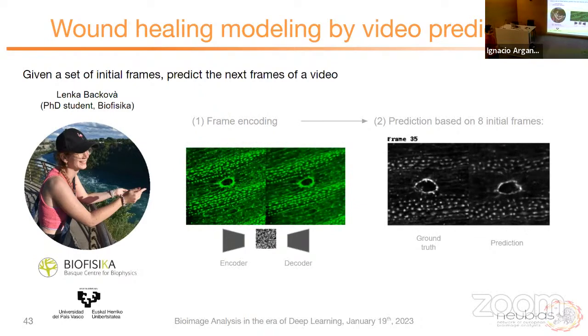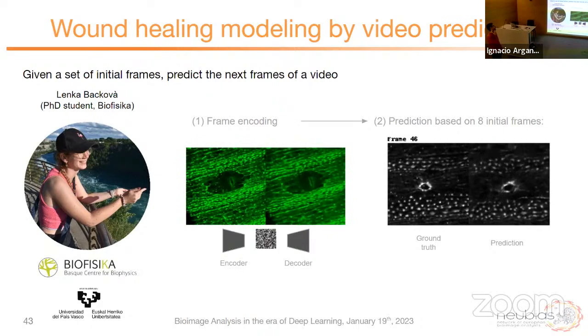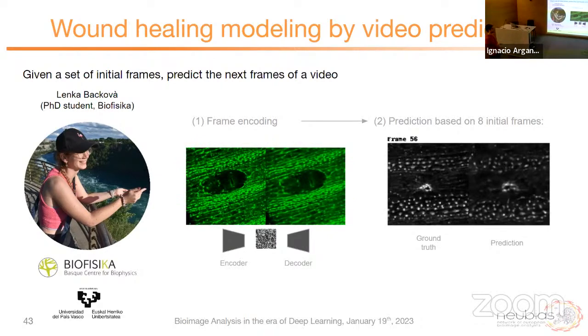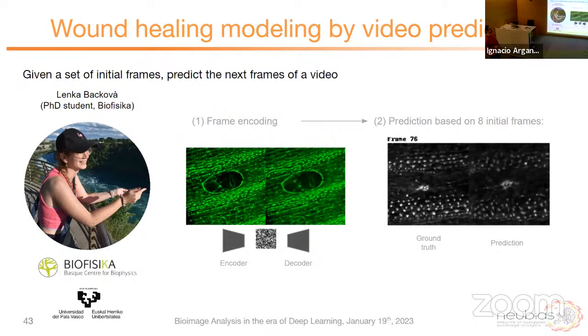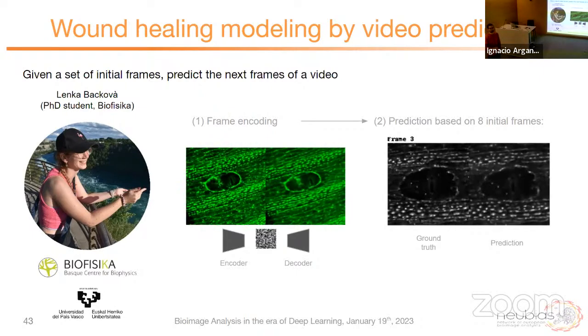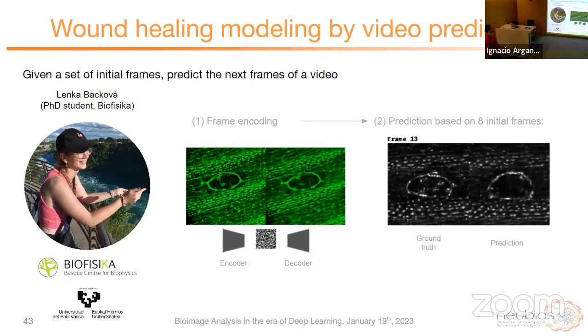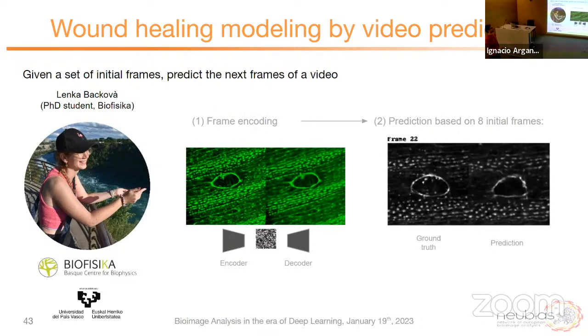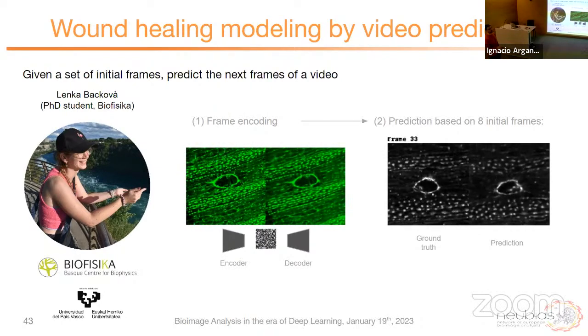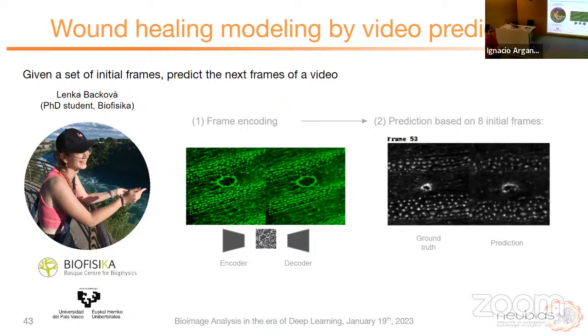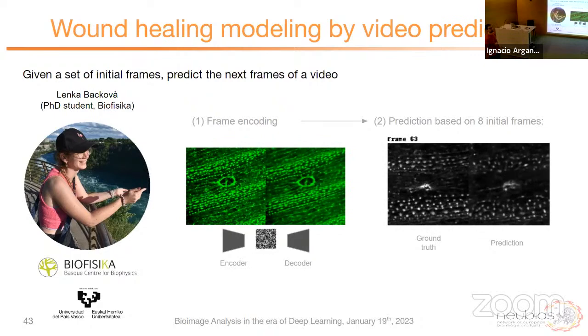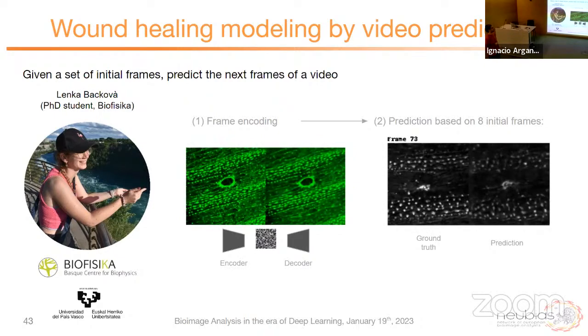And what we're doing is using one of the most recent technologies in deep learning to making use of initial set of frames, predict the future. No? Based on the training data, we learn how to produce images. Again, here there's a unit behind to simulate the closure of the wound. Okay?